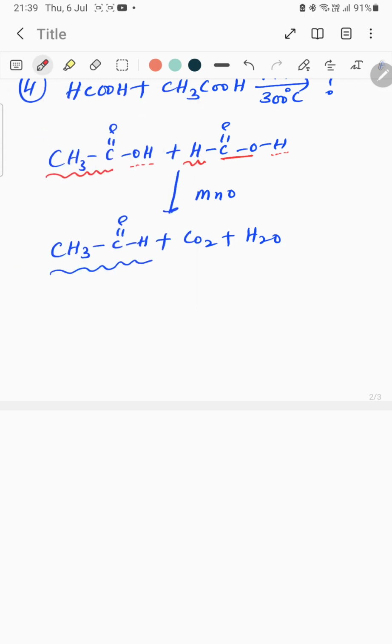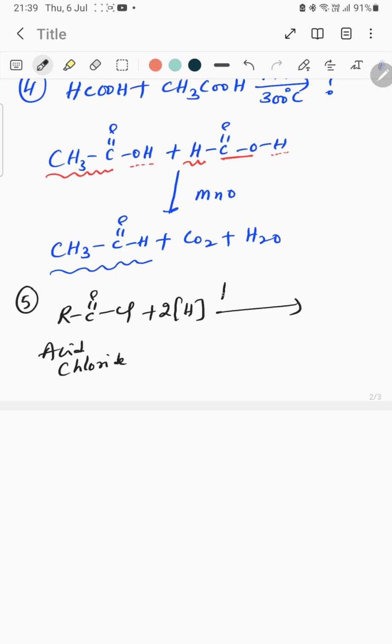Next, fifth one. Rosenmund reduction is used in the preparation of. What is Rosenmund reduction? Acid chloride is reduced with palladium by barium sulfate in quinoline.